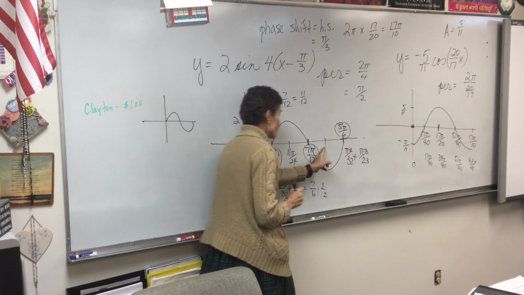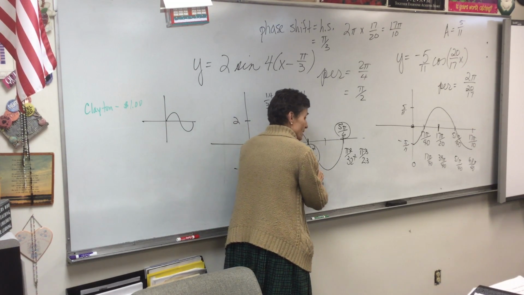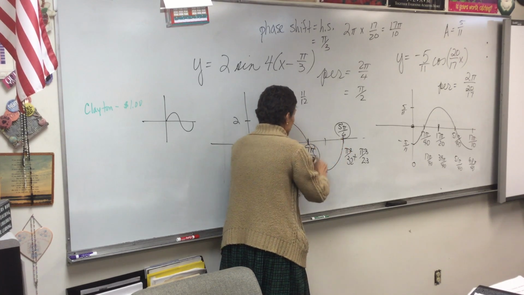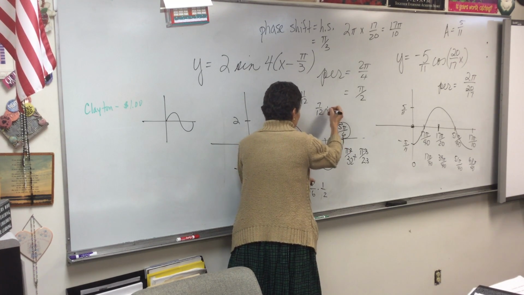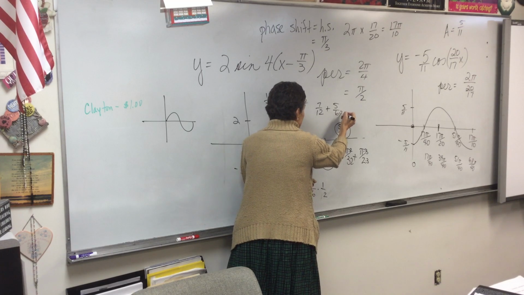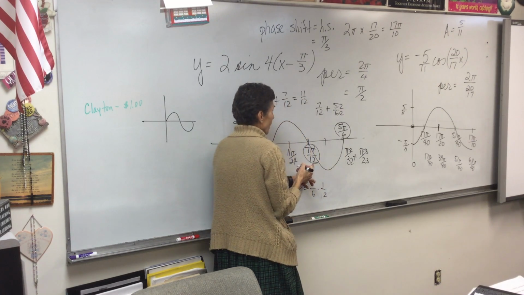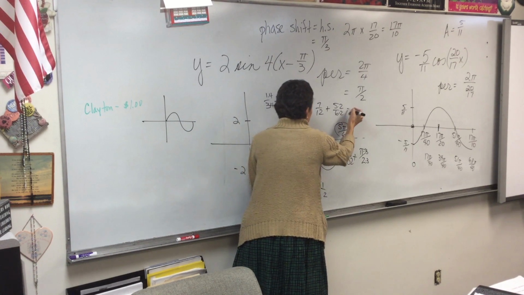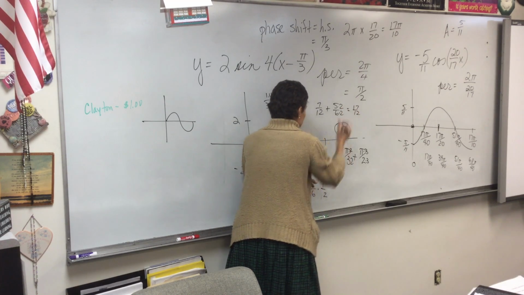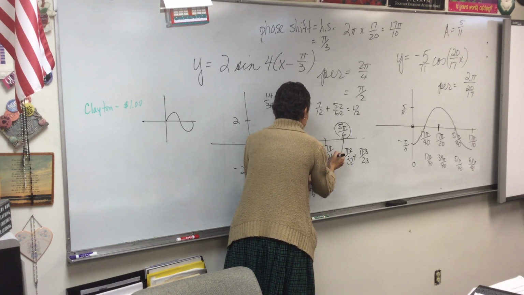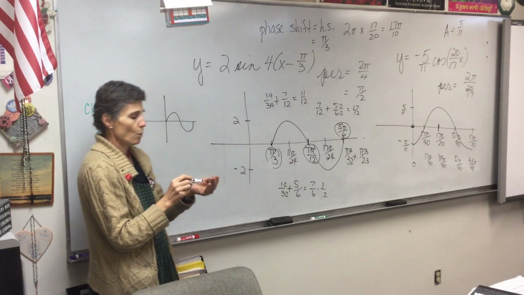And then you get to do this one. Same thing. It's the average of these two. So 7/12 and 5/6. Get a common denominator. That's 17/12. Half of that is 17/24.